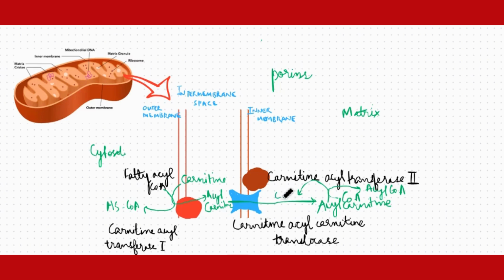because like I told you, the carnitine was taken on loan from the cell. I need to give it back to the cell. Now the carnitine which has been released is transported through the same transporter. You have to remember that it is being transported through the same transporter for the next cycle. Please keep in mind that this transporter transports carnitine as well as acyl carnitine simultaneously.